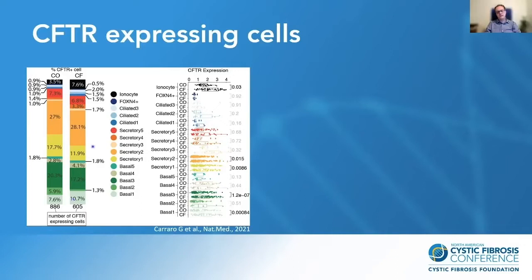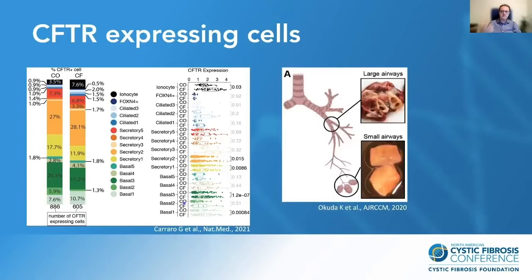And on the right here, if we look at the level of expression, we can notice that those same cells that do express CFTR tend to have an increased expression in CF compared to control. And this is true for ionocytes, secretory subsets, and basal subsets, indicating an attempt of these cells in CF to increase the production of CFTR itself.